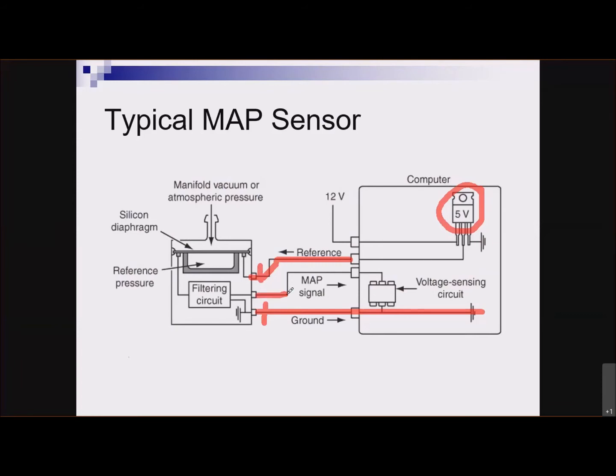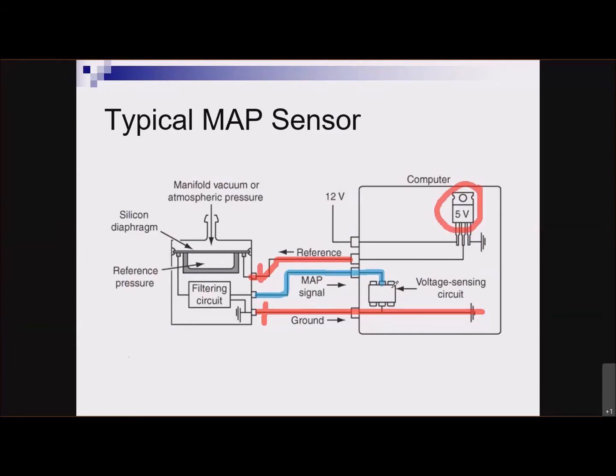And the signal wire is some percentage of this 5 volts. So it could be 1 volt, 2 volts, 3 volts, 3.7 volts, up to possibly somewhere near 5 volts. It's going to be some portion of that returned back to the computer. So we're providing 5 volts and we're going to get some of it back here.